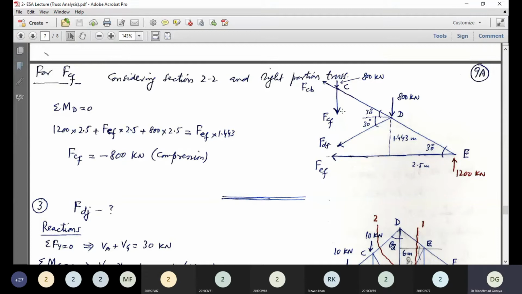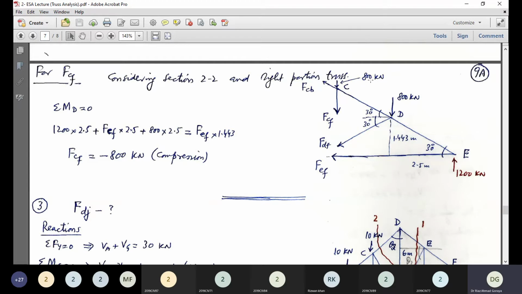For this member CF, the appropriate moment center is D. So sigma MD equal to 0 gives us this equation. 1200 into 2.5 plus FCF, because both are in the same direction, into 2.5.